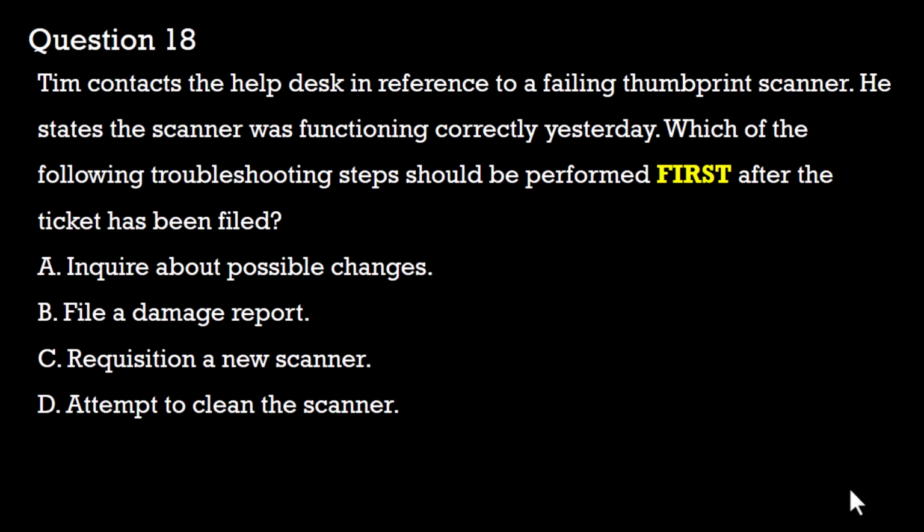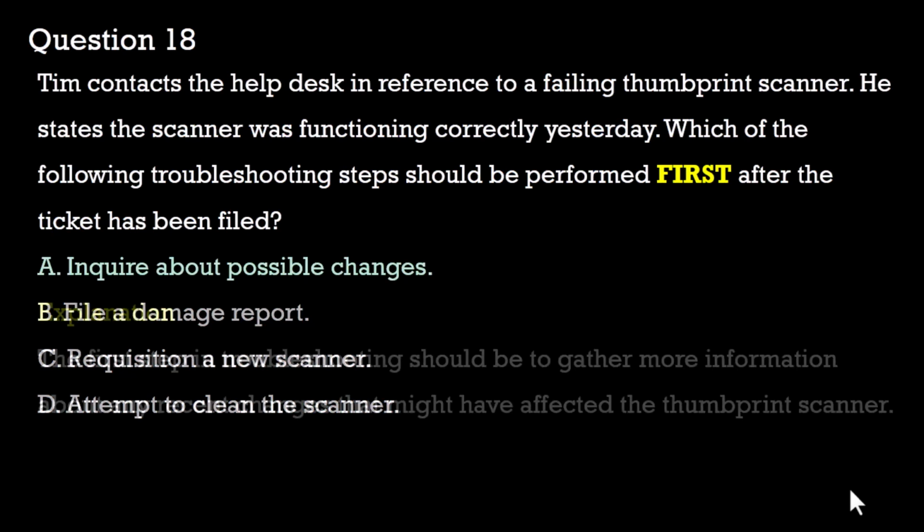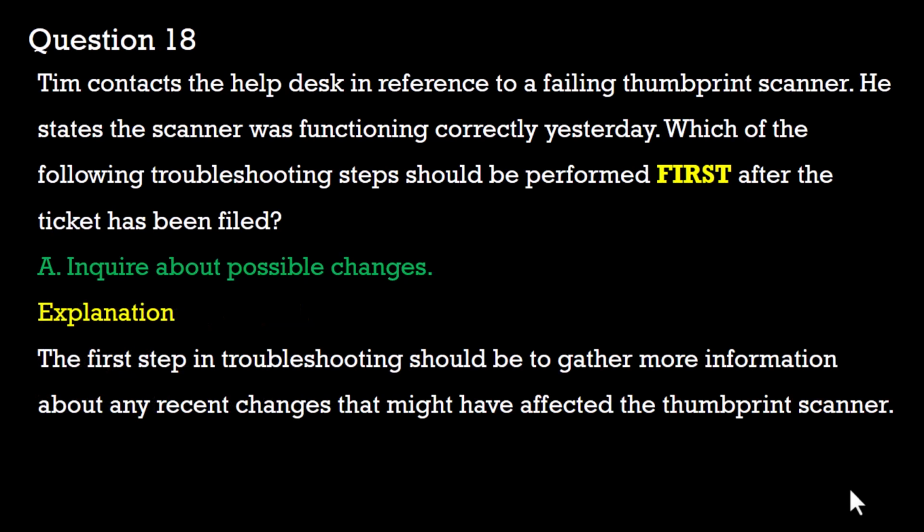The first step in any troubleshooting should be to gather more information. So in this, we'll be going with option A, inquire about possible changes. When you have more information about any recent changes that might have affected the thumbprint scanner, this would help to identify whether any recent configurations or environmental changes are causing the issue.